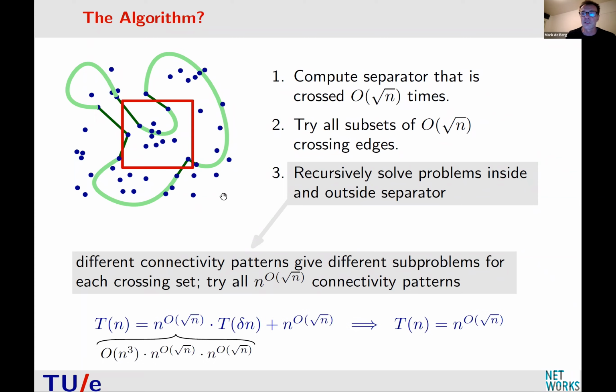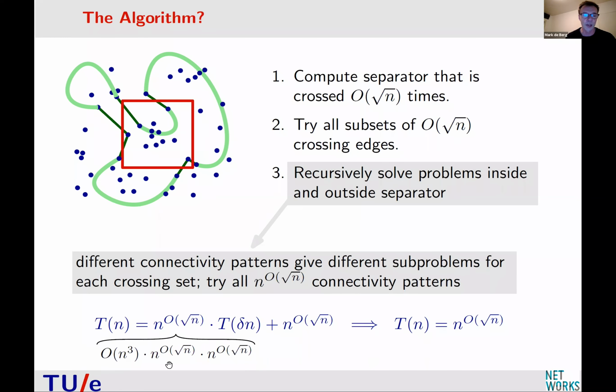And now the running time is, well, in step one, I'm guessing n cubed different separators. For each separator, I'm guessing n to the square root of n sets of crossing edges. For each of these things, I'm going to guess all of these connectivity patterns.